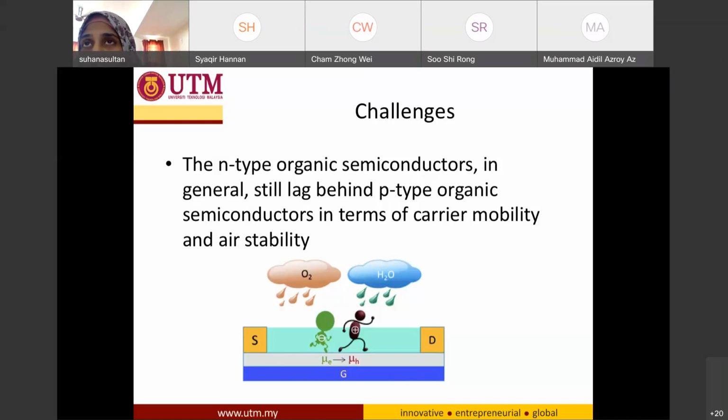So we have to have a very good way to store this kind of device, but then it's not practical. Device engineers previously tried a packaging similar to silicon. They used nitrogen to package this device, but then they realized that the air degrades the performance of the transistor.